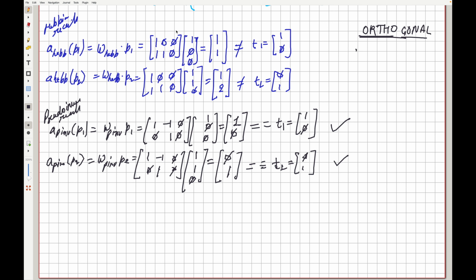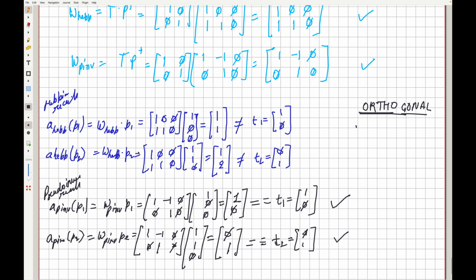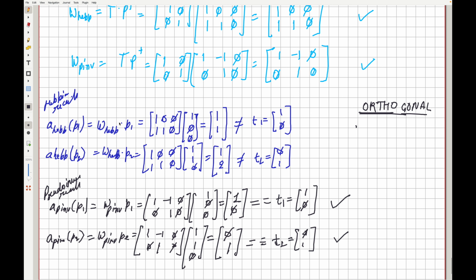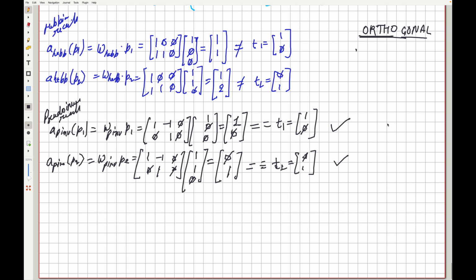When the inputs overlap, the Hebbian rule produces interference, which we saw right here. So right here we saw this interference, so we don't get a perfect recall. But when we use the pseudo inverse, which we did here, then that mathematically cancels that overlap and gives us a unique least squares matrix, which is equal to this T P plus, and that exactly maps the stored inputs to the targets as we see here.